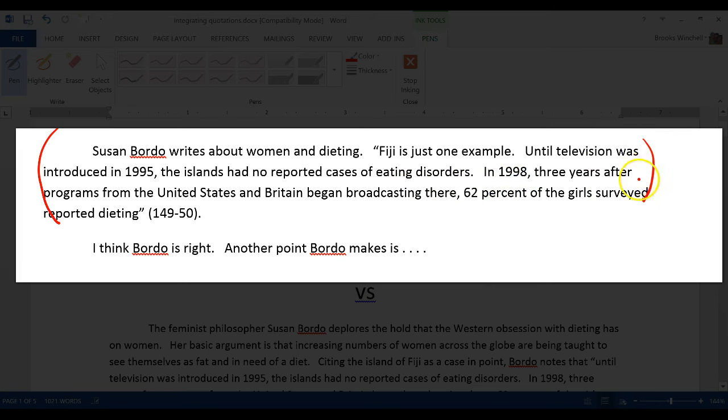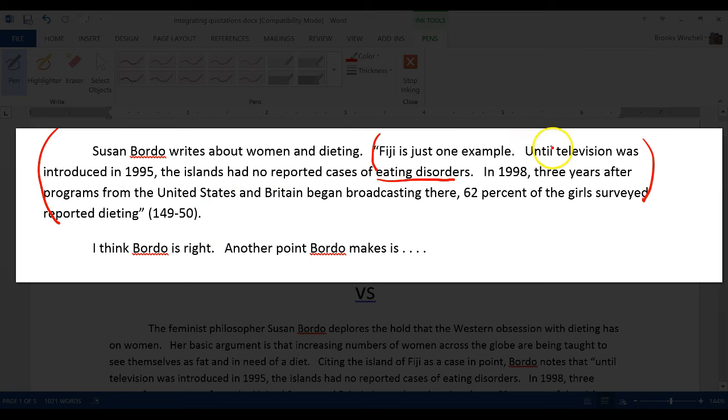And the reason this quote is so confusing is because it's kind of a complicated quote. It's talking about a study that was done in Fiji, and it was about eating disorders and how in 1998, after the United States and Britain began broadcasting, 62% of girls reported dieting.